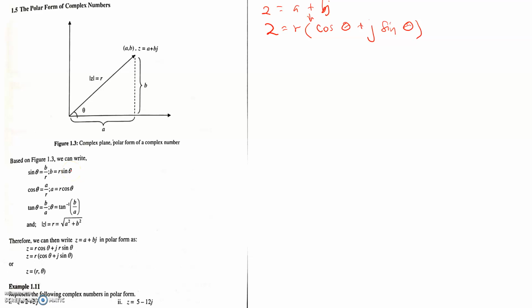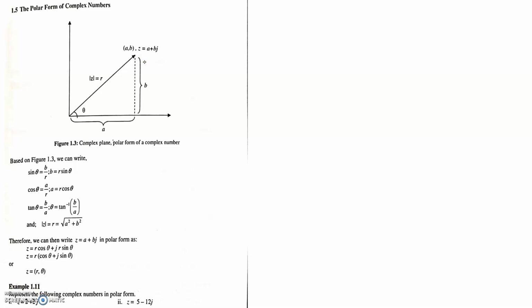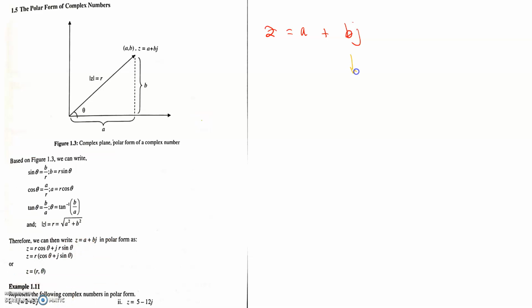So let's try to do it again. We have Z equals A plus Bj. Up until now we already know that B is equal to R sin theta, so I just put it here. This B here is equal to R sin theta, and we have j at the end.